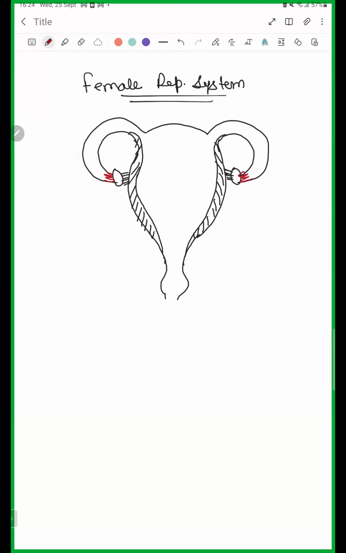First of all, the oviduct. Oviduct, also known as the fallopian tube. Next is the ovary. And if you can see there are some thread-like structures, you can label them as ovarian ligaments. Next, the most important organ, the uterus.